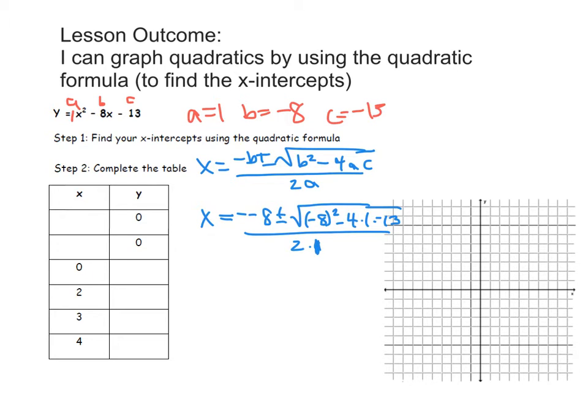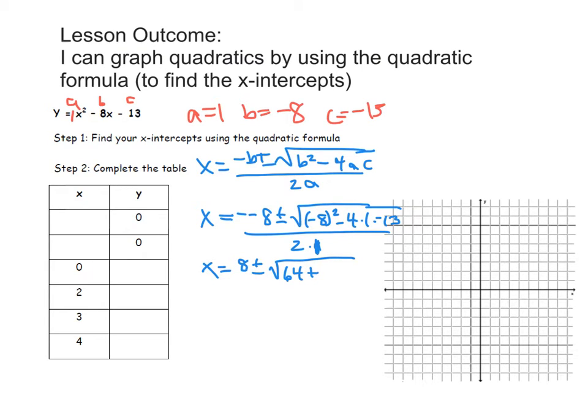There we go. x equals negative 8 is positive 8, plus or minus the square root of negative 8 squared, which is going to be positive 64. Remember that number is always going to be positive. Notice we have a negative here, a positive value, and a negative value. A negative times a negative will be positive, so we'll put a plus here.